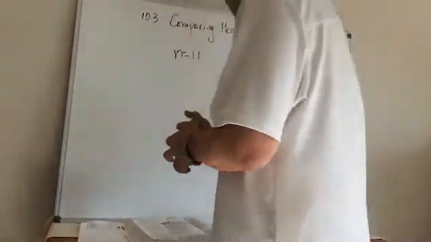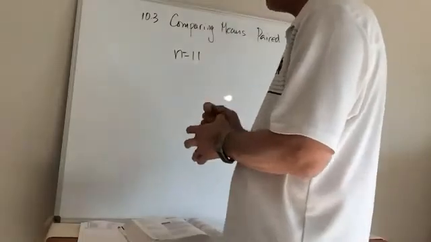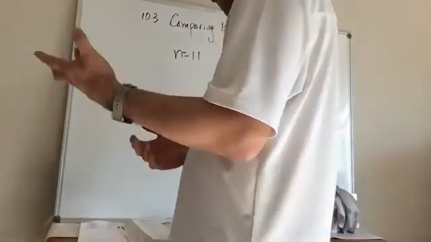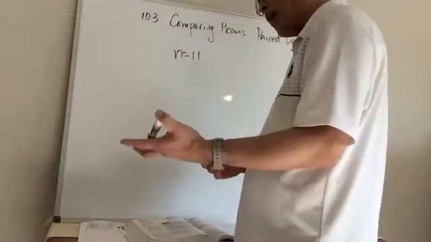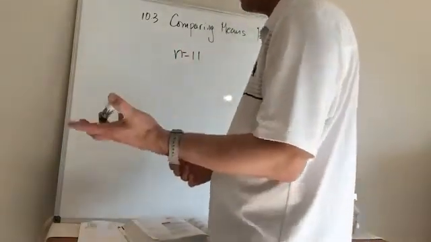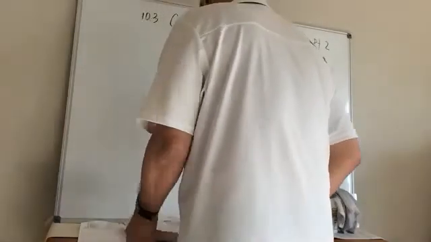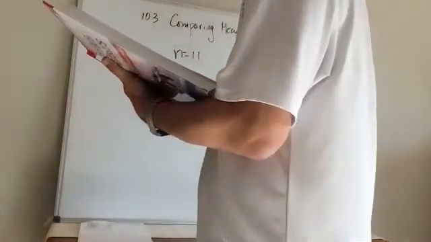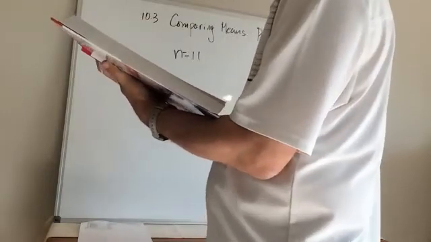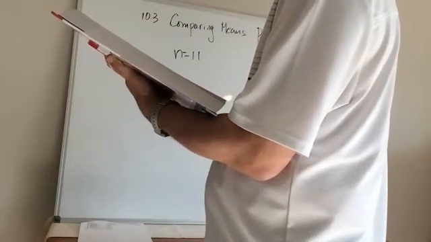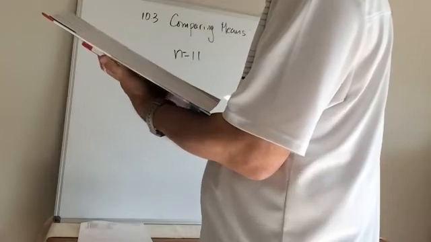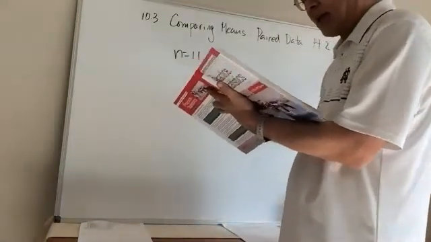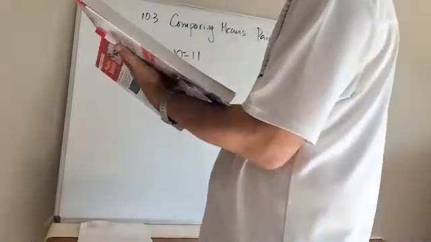So what's the very first thing we're supposed to do when it's paired data? The very first thing we do is subtract and find the difference. We're going to look at the differences. So we're going to subtract the placebo minus the caffeine.